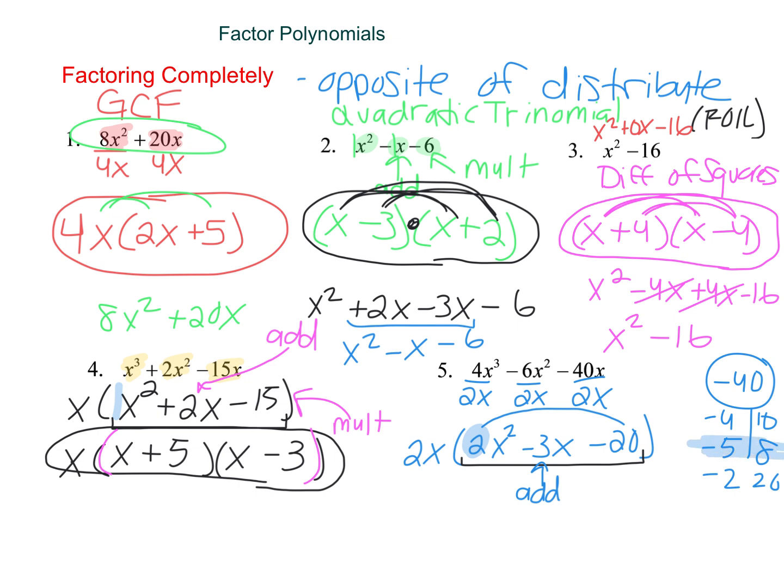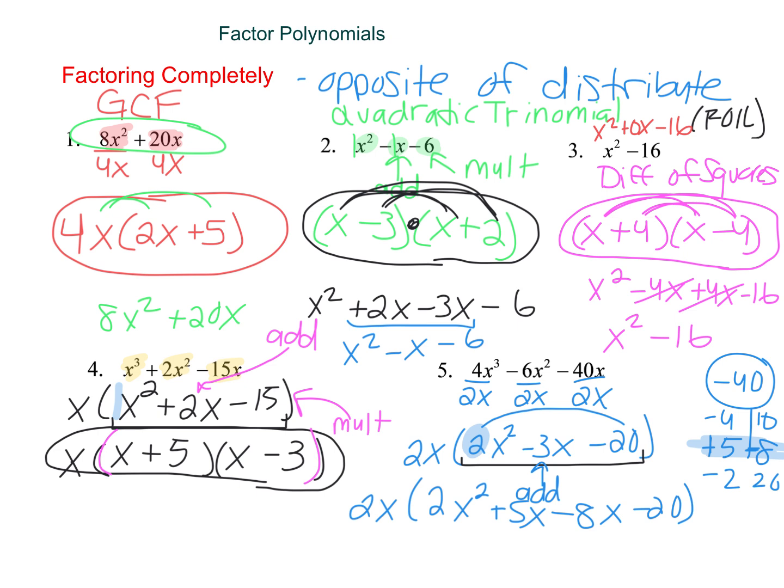So if I switch the sign and make 5 positive, 8 negative, then that'll work. So what I do with that, I'm going to change my -3x in the middle to be a +5x minus 8x. And the reason I can do that is because those two numbers are going to add to equal -3x.